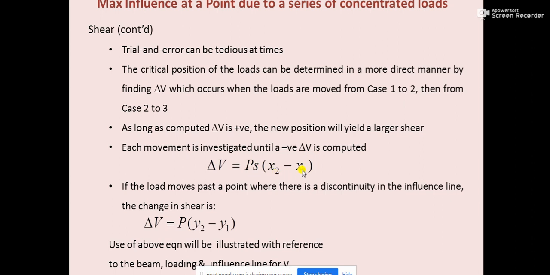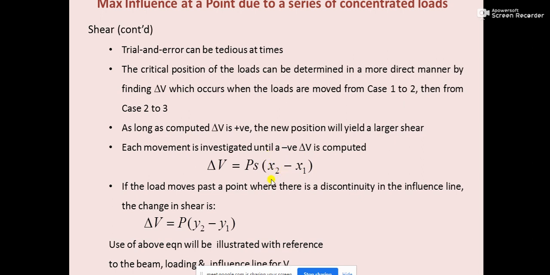What is x2 minus x1? x2 minus x1 is nothing but the change in position of the load from 1 to 2. That means at position 1 the coordinate of the load will be x1, and at position 2 the coordinate of the load will be x2.